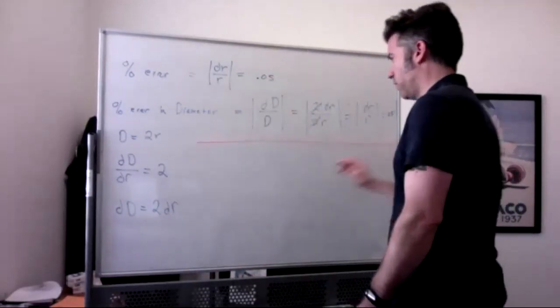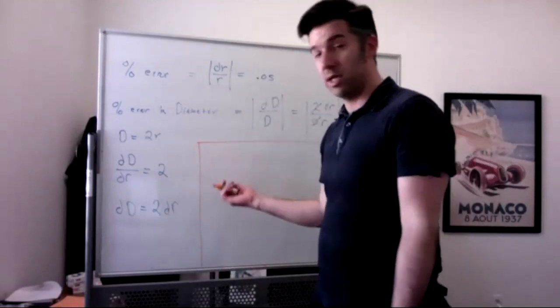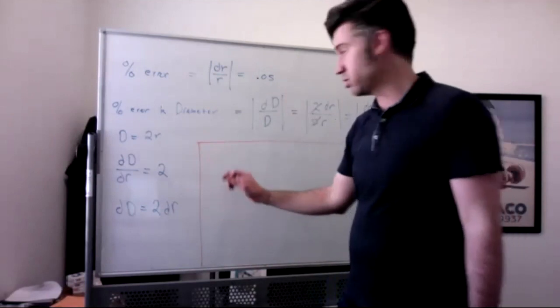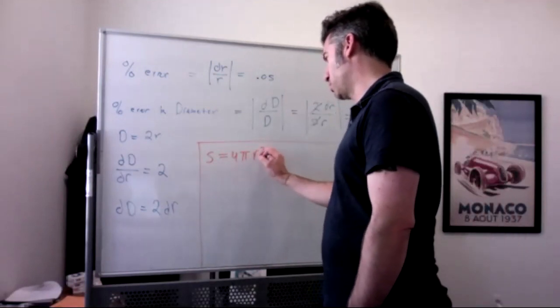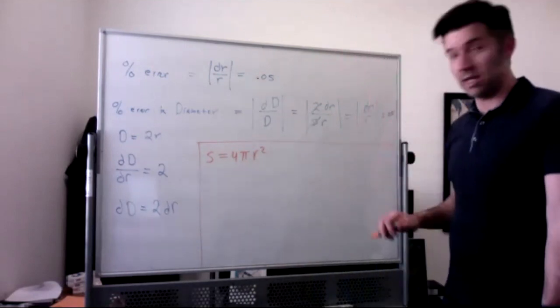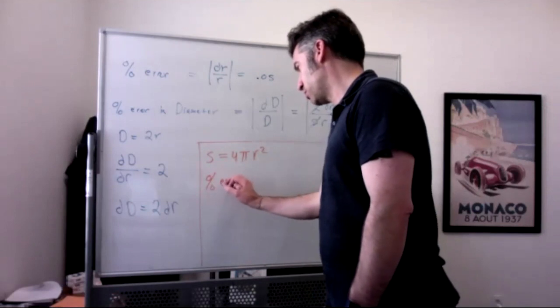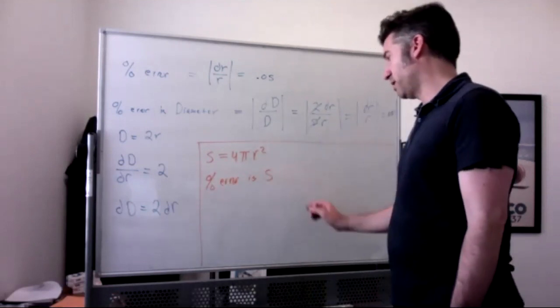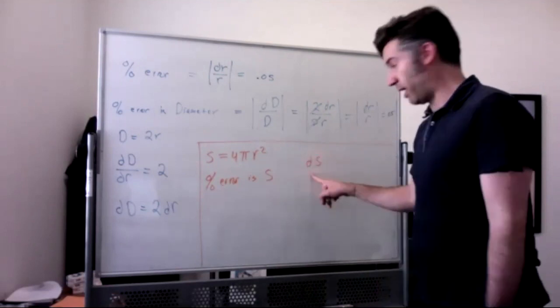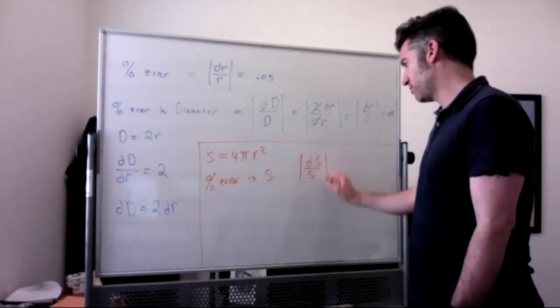Let's look at surface area. The equation for surface area of a sphere is 4 pi r squared. And I'm trying to find the percent error in the surface area, which is given by how much I'm off by for the surface area divided by the surface area, in absolute value.